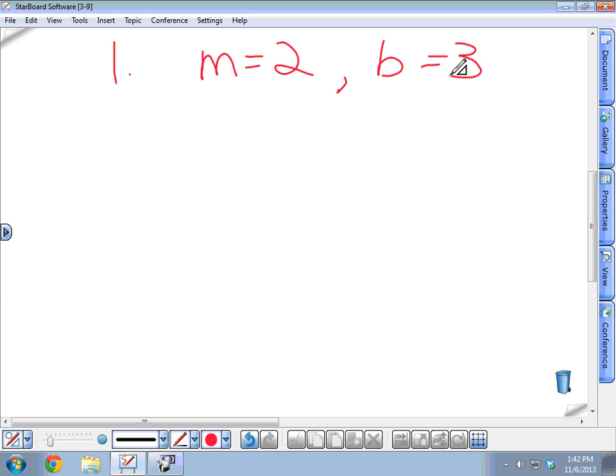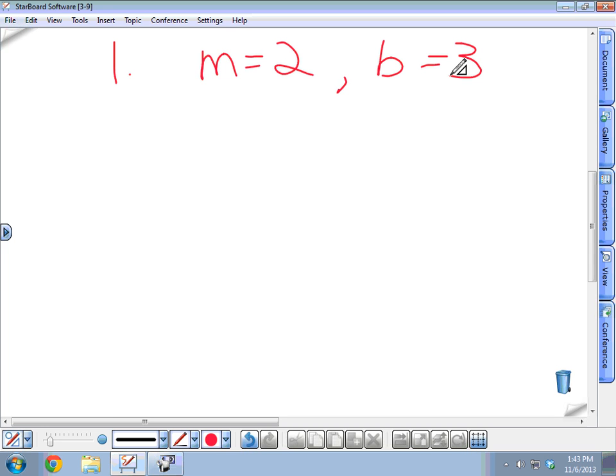All right. So, Sun Young, what is the function? What's the linear function? How am I going to write that? If I was going to write this as the equation of a line in slope-intercept form, how would I write that?